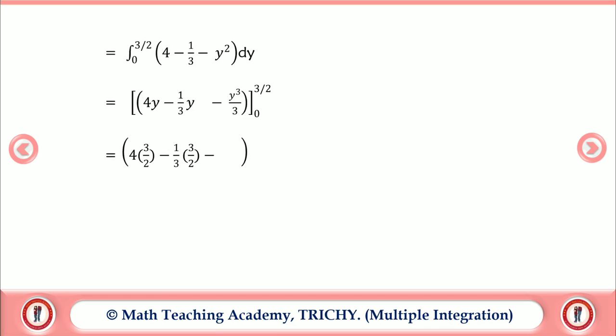Then what you will get is 4 into 3 by 2, minus 1 by 3 into 3 by 2, minus 3 by 2 whole cube by 3, and if we put the lower limit 0, the remaining terms vanish. Then simplify this, and you will get 35 by 8. This is the answer.